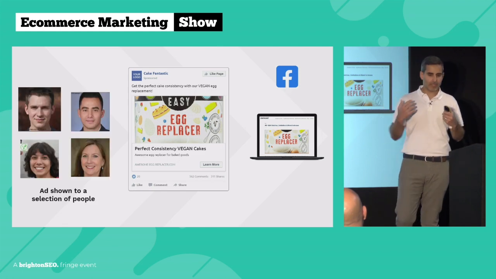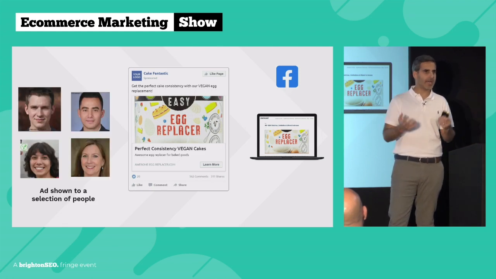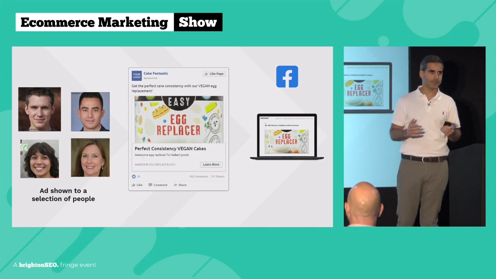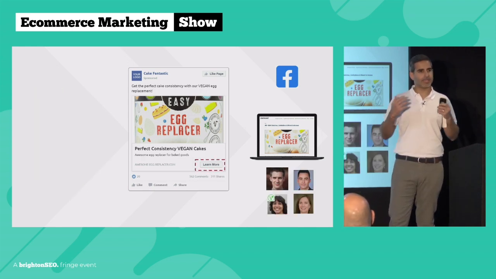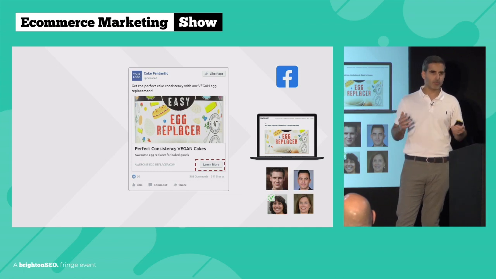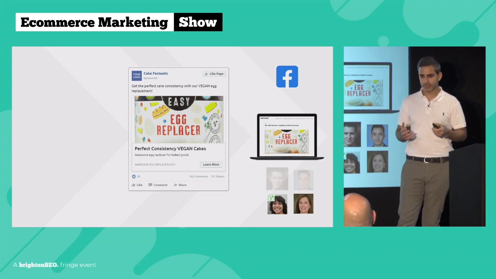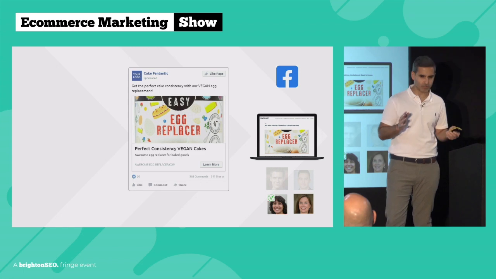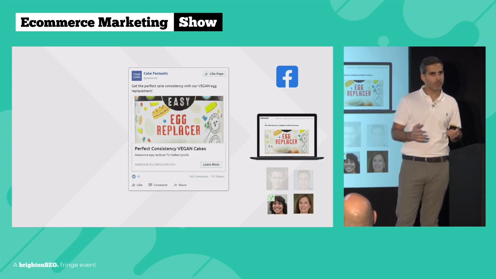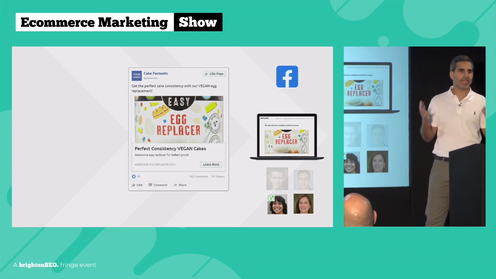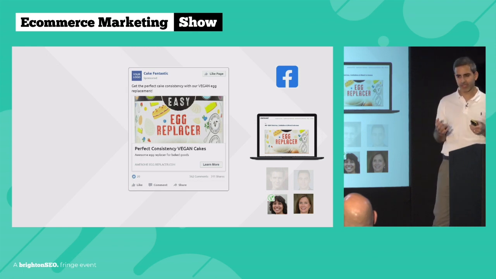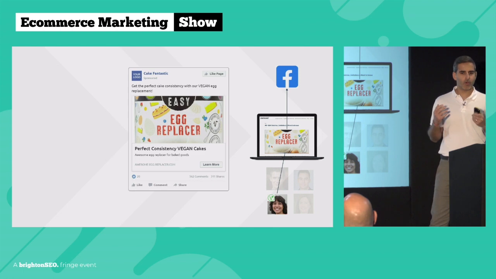And so in a practical example, if an ad is shown to 4 different people, each of them click on the ad, they get taken to the site, and let's assume for this case 2 of these people drop off. So they're not interested in the product. One of the people we have is vegan, and the egg replacement product that we're selling is very useful, so they go ahead and they purchase.